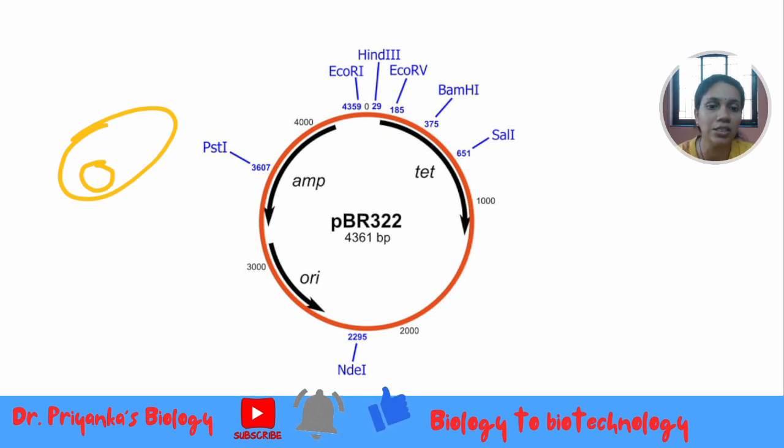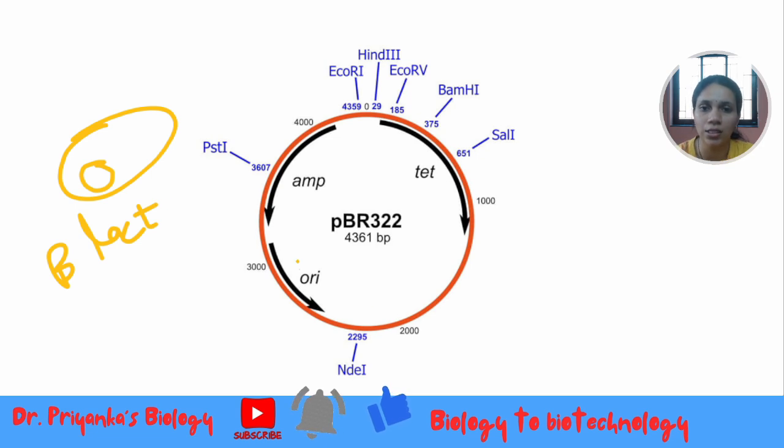Now how does this resistance actually work? This is because of two sets of genes. One gene is called beta lactamase.